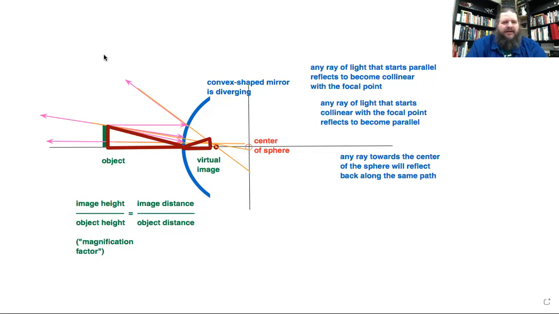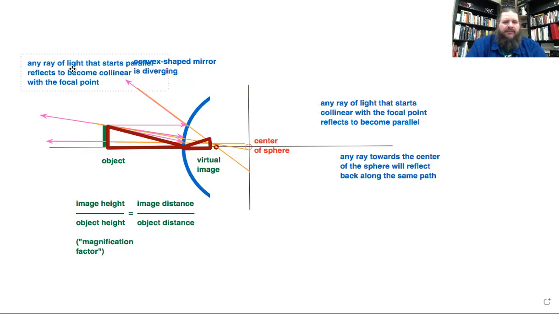Then let's try out a different approach. Let's say instead of sending in light on the convex side, let's send in light from the concave side as well. Sending in light from the right side here.